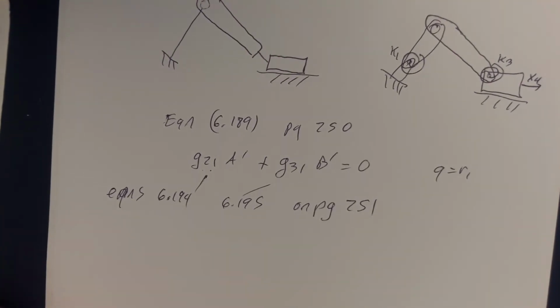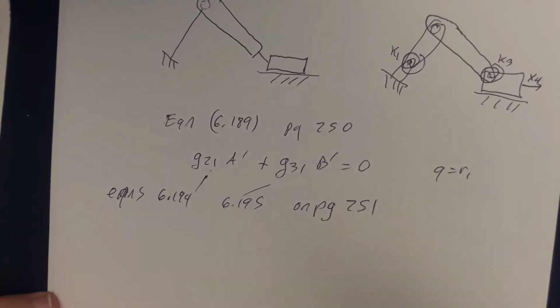One thing to note on both this and the 4-bar, if we're going to use the kinematic coefficients, we have to define our vector loop in exactly the same way as Dr. Howe does in his book, okay? Because those kinematic coefficient definitions are based off the vector loop equations, and if we switch the directions of our vectors, it will change those equations, okay?